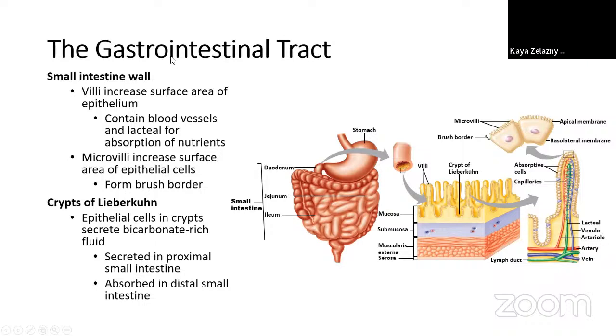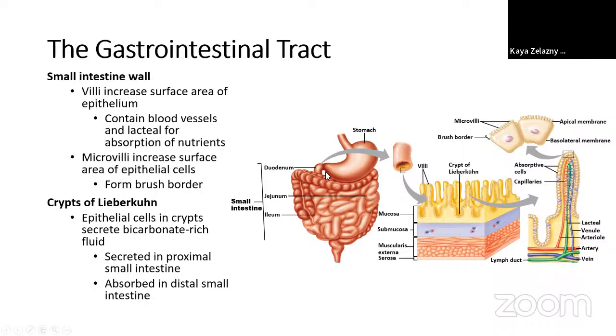So we're in the small intestine, which is where the absorption is happening. Specifically, the absorption of nutrients is what we're going to have happening here. So when we say that we're increasing the surface area for this absorption to happen, part of that is about the length of the small intestine and all these coils, but part of it is about the cellular structure as well.